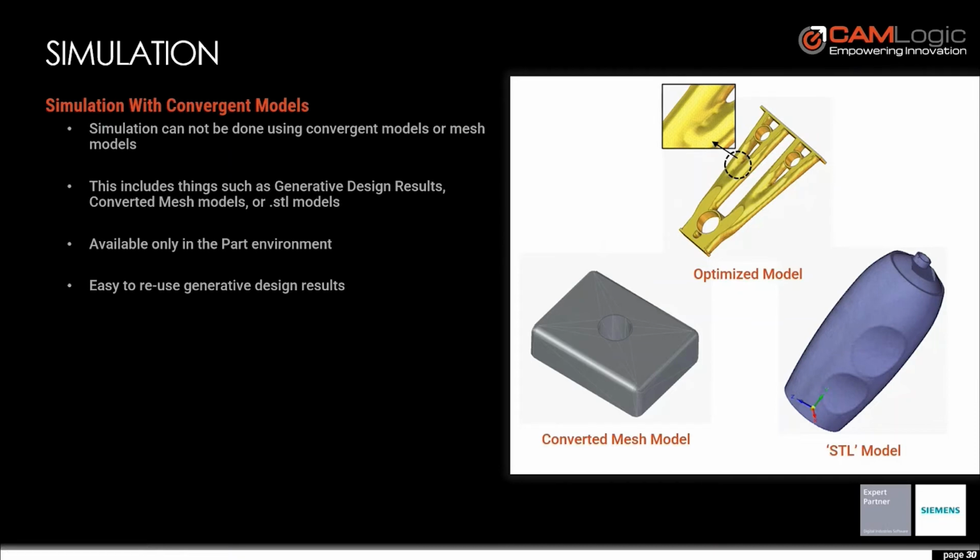Another place that you're going to find it is converted mesh models, which is what you might get if you were to download a generic model from the internet. And then there's, of course, the STL model. We use these a lot here at CamLogic. We get this with scan data and things like that.